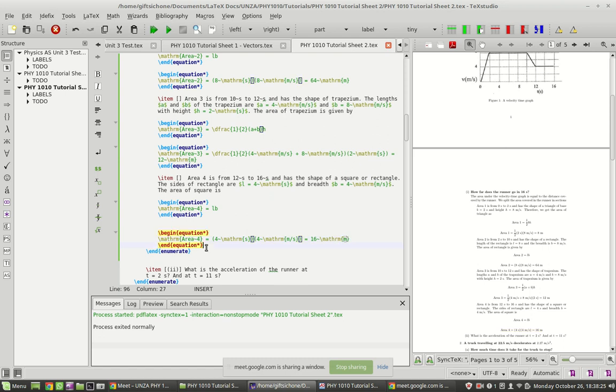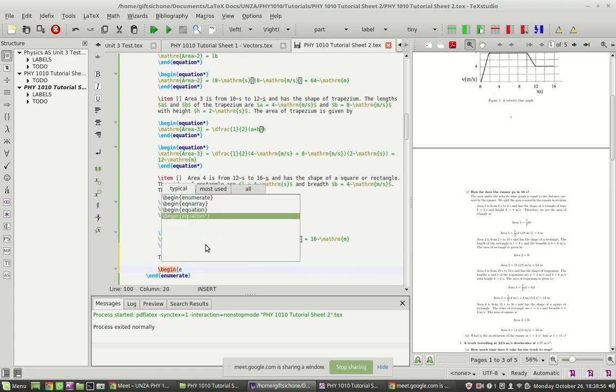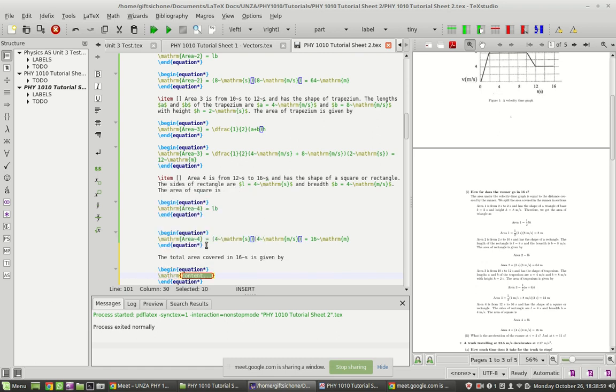Okay, so now we can proceed to work out the total area covered. The total distance covered in 16 seconds is given by what the areas were worked out. Sorry, not area, the total distance.